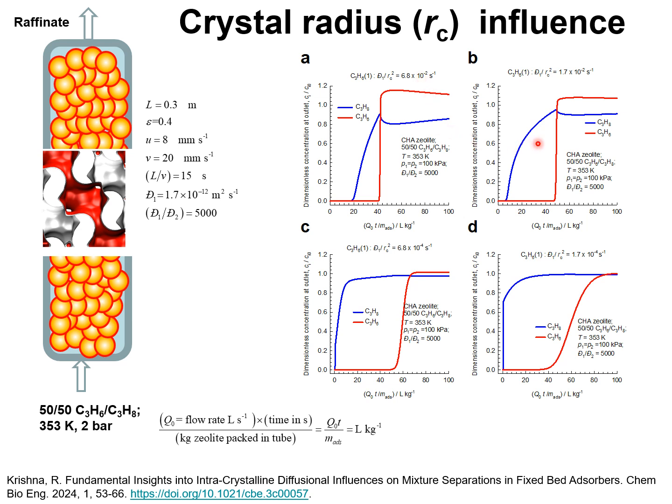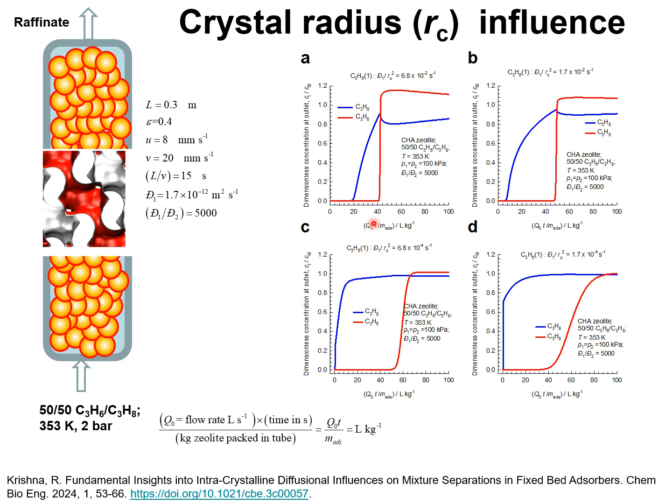With increasing crystallite radius size, the value of D1 divided by RC squared decreases in value till a value of 1.7 × 10^-4.